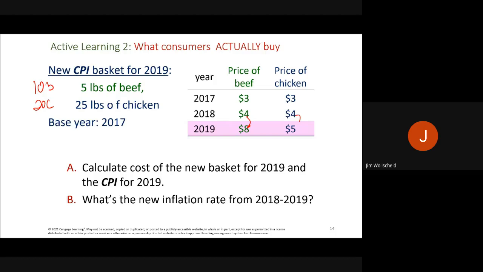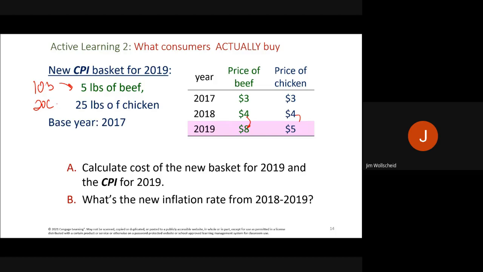So as the price of beef went up, what should we expect to happen to quantity demanded of beef? If the price goes up, we should expect the quantity demanded of beef to go down, which is what it did. And if the price rises more for beef than for chicken, then the demand for chicken should increase because it's a substitute.